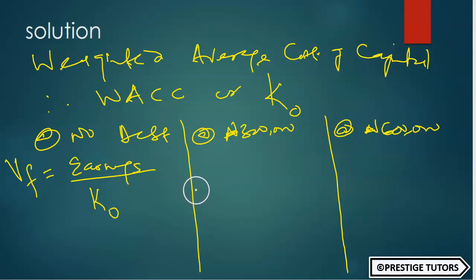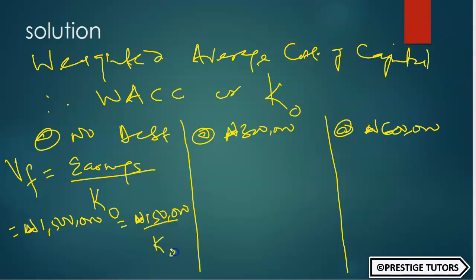That is the cost of fund to the organization. At no debt, what do we have as value of firm? We had 1.5 million. And what do we have as our earnings? Earnings has not changed from 150,000.